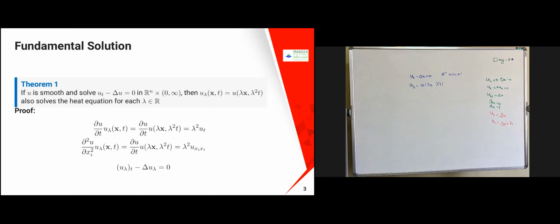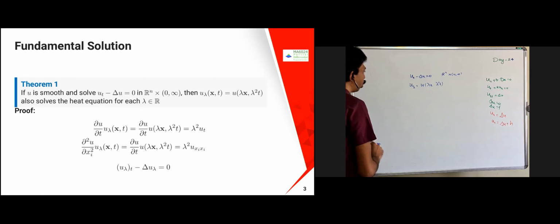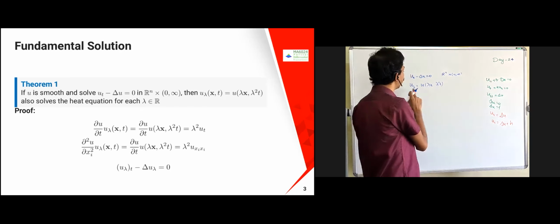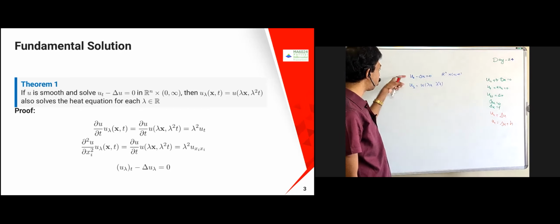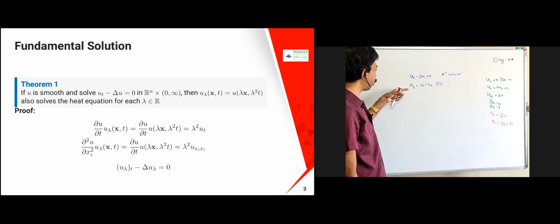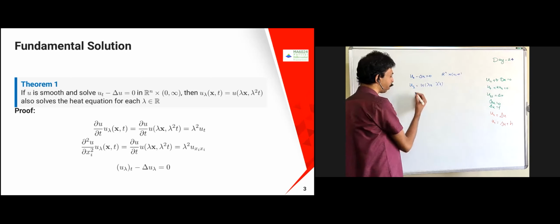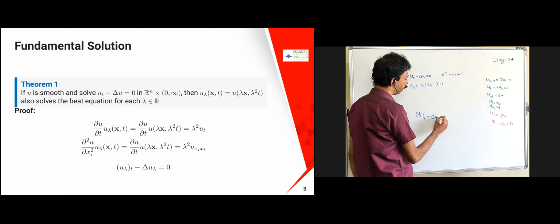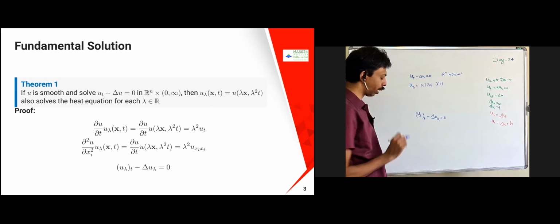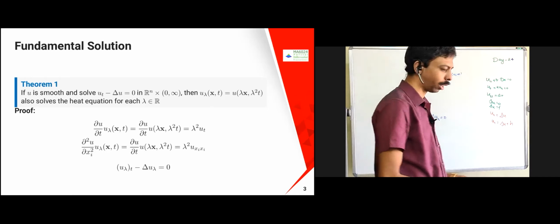So this u_λ also solves the heat equation. If u solves the heat equation, then if you make a dilation scaling u_λ, that also solves the heat equation. So what I am claiming is that (u_λ)_t minus Δu_λ equal to 0.